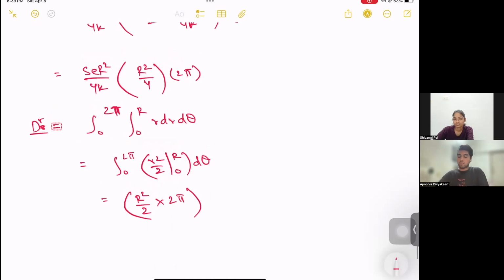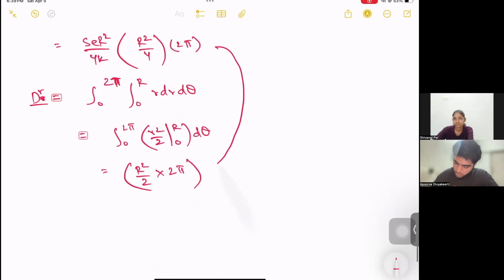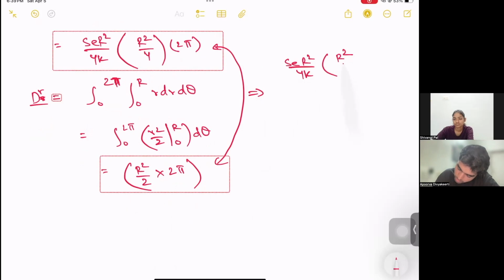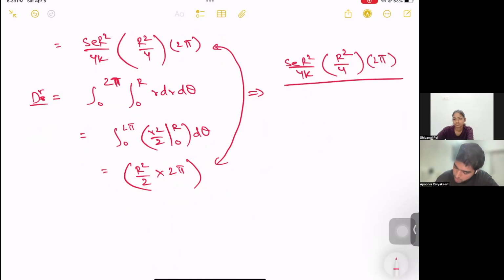Now dividing both these terms, the RHS is S E R square by 4k into R square by 4 into 2 pi, divided by R square by 2 into 2 pi. 2 pi gets cancelled, R square gets cancelled, and 2 and 4 gets cancelled.